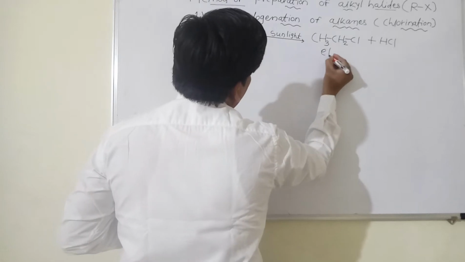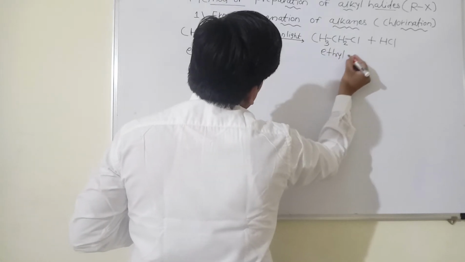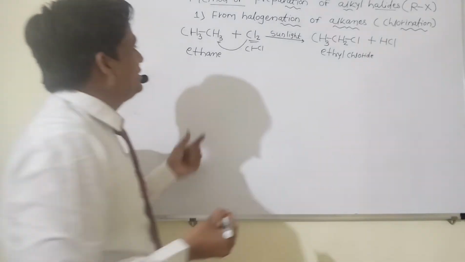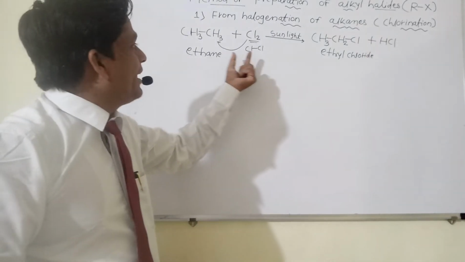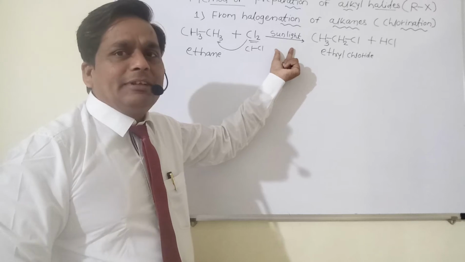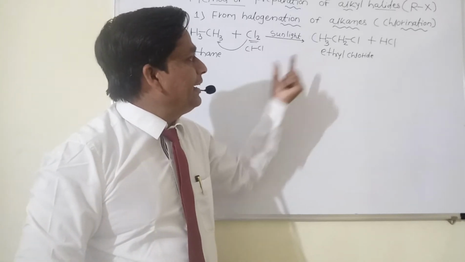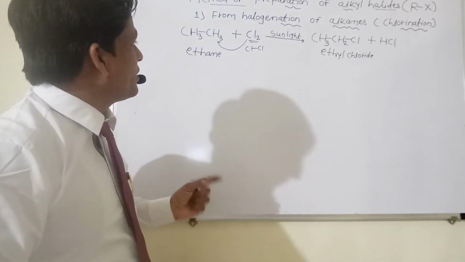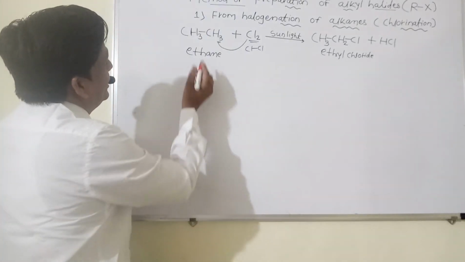Here we get ethyl chloride. So in this reaction ethane reacts with chlorine in the presence of sunlight, we get ethyl chloride, and hydrochloric acid is removed as the byproduct. Very simple reaction mechanism.